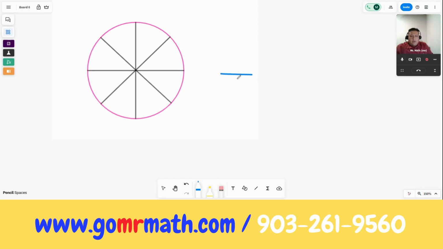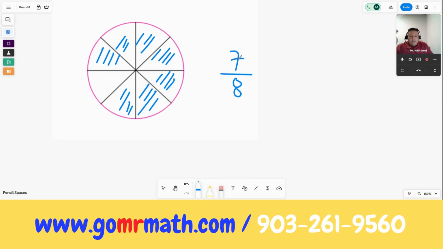So the denominator will be 8, correct? Okay, if we take 1, 2, 3, 4, 5, 6, 7 pieces, we have 7/8.